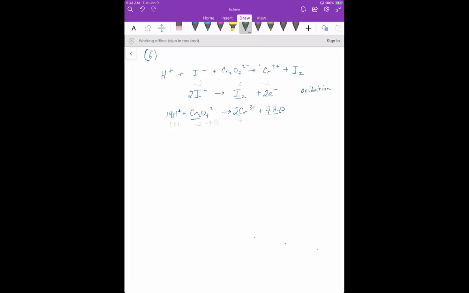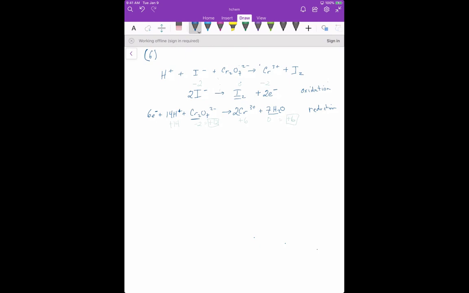I have a plus 6, and 0, so plus 12 and plus 6 means that I need 6 electrons, and we need to add them on the side that's more positive, so that means I'm going to need 6 electrons on the reactant side. And so that means we're gaining electrons, so this is a reduction process.